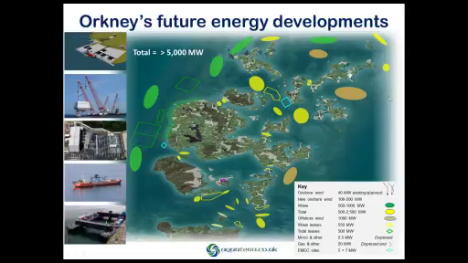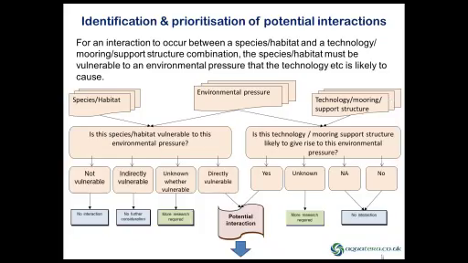So in order to manage these impacts, we've been looking at a system which in some ways is very similar to that you've heard from already. It's a system of prioritizing potential interactions, and what we've done in this system is looked at species, and we've looked at the technology, and we've looked at the environmental pressures that can arise through interactions between these two groups.